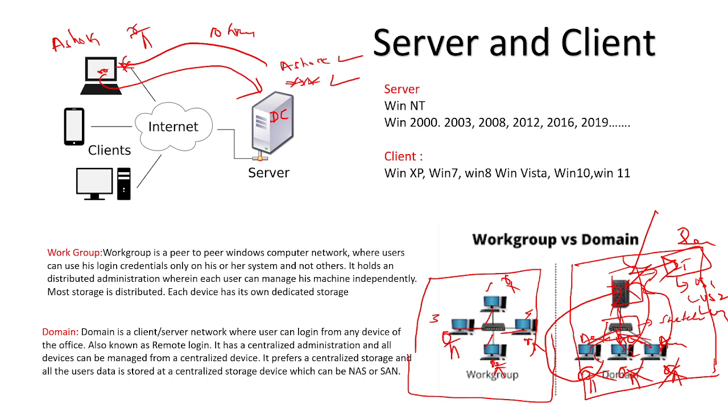Hierarchy means like this. For example, let me write here. Imagine this is your Microsoft.com. Under that you have multiple countries like India. Under India maybe Bangalore. Under Bangalore maybe the IT department, sales department, HR department, and admin department.